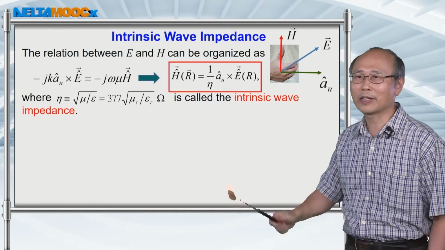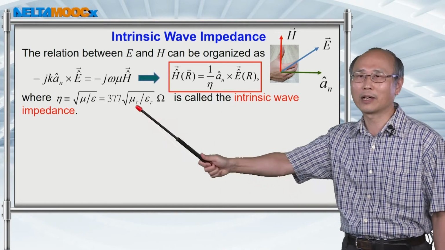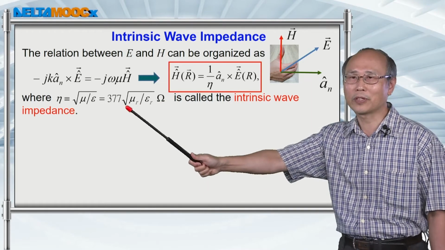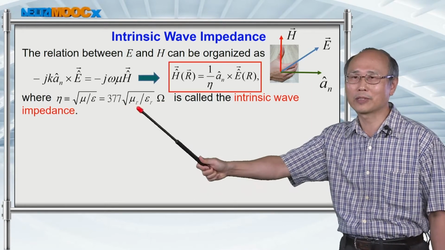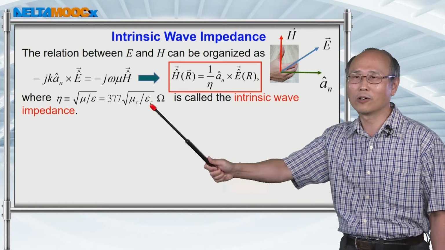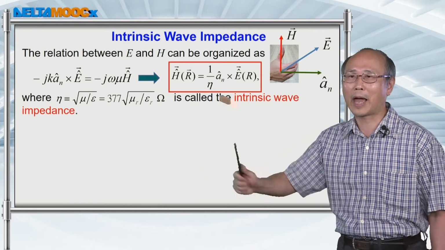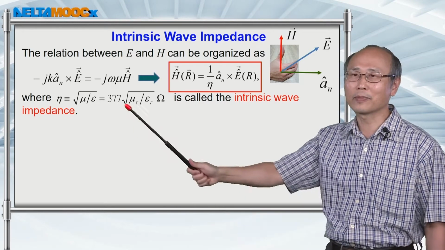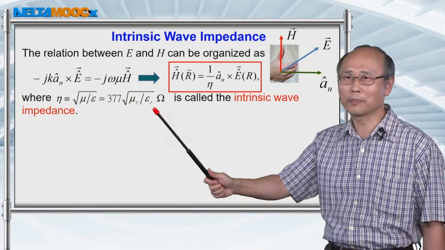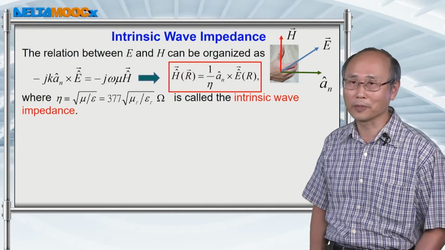It turns out that this eta is equal to 377 multiplied with the square root of mu r over epsilon r. This mu r and epsilon r are the relative permeability and relative permittivity of the material.